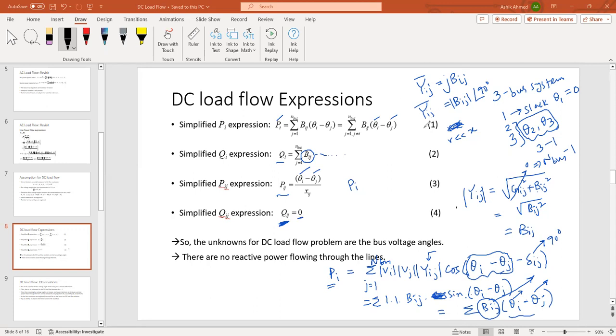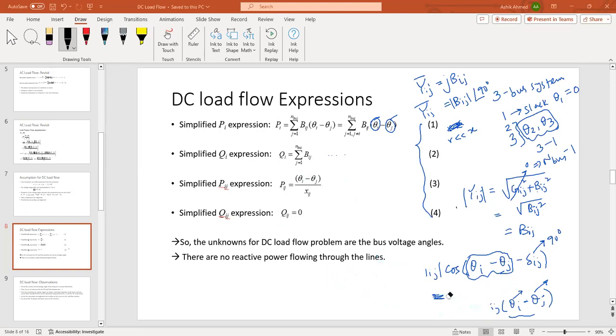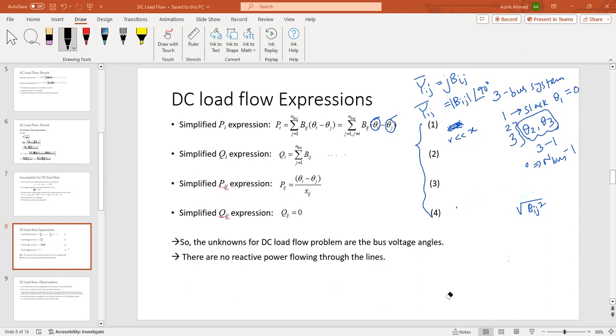So overall, if I consider equation 1 to equation 4, our unknowns are the thetas. This is why we were saying that if we can find out all the thetas, then we are done with the DC load flow solution. Once we find the thetas, they will help us find the real power flow through the lines and the real power injection.